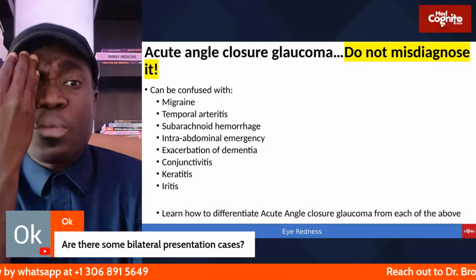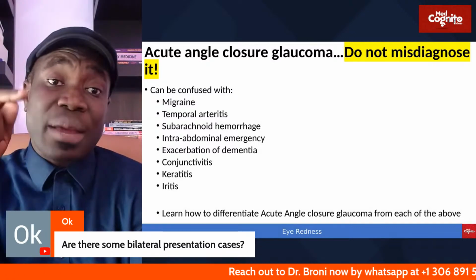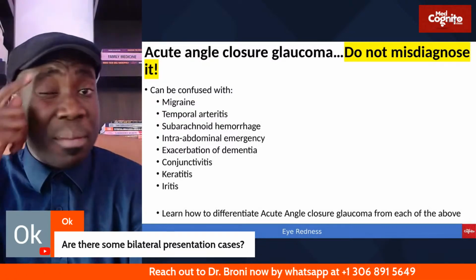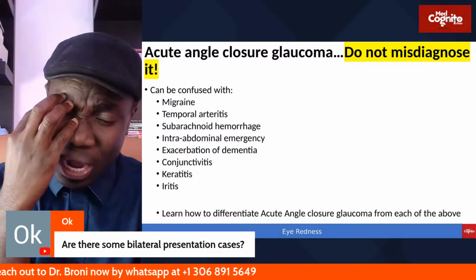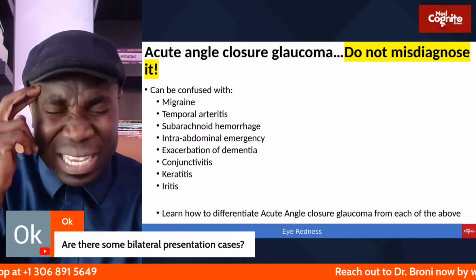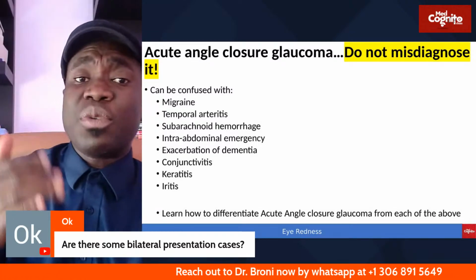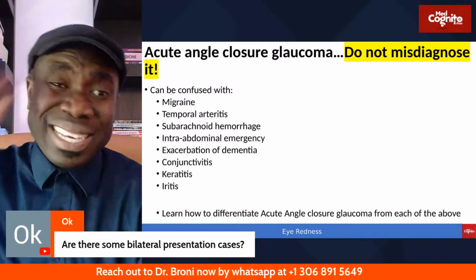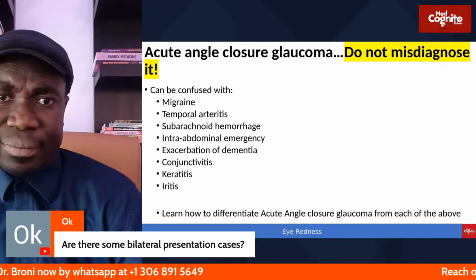And because it can also be a unilateral vision loss, people confuse it with temporal arteritis. Remember, in temporal arteritis the patient will come in with temporal and unilateral eye pain, and you may see the temporal artery bulging when you touch it. Okay. And it can also be confused with subarachnoid hemorrhage, sudden thunderclap headache.